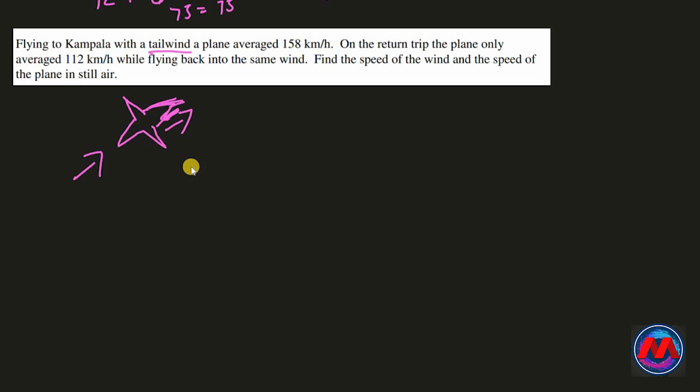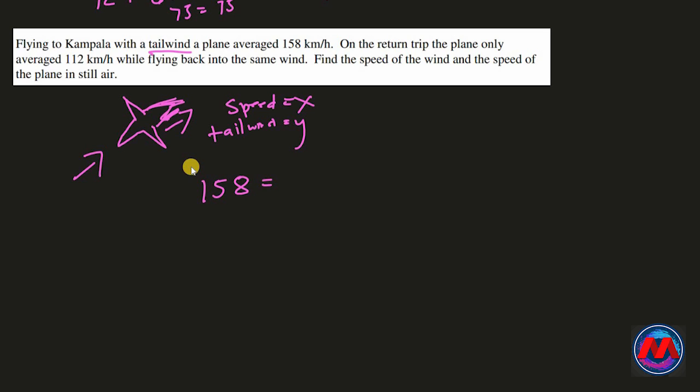Okay, so yung speed ng plane, let's say that the speed of the plane would be equal to x, at ang tailwind is equals to y. Now, sabi dito, ang airplane daw na ito, na may tailwind, ay may speed na 158 kilometers per hour.